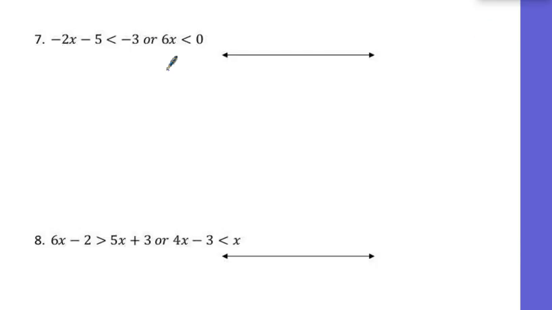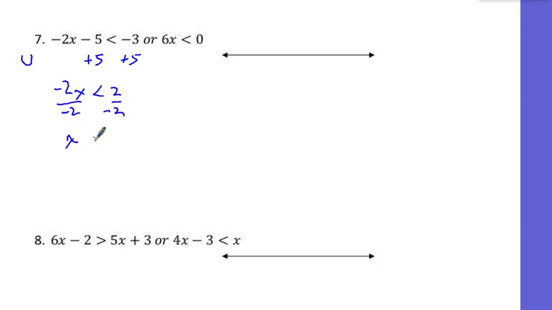Number 7, the inequalities are joined by OR again. This is a union, so anything from either solution set will be included in our final answer. We're going to add 5 to both sides of this inequality and have negative 2x less than 2. And we're going to divide by negative 2.